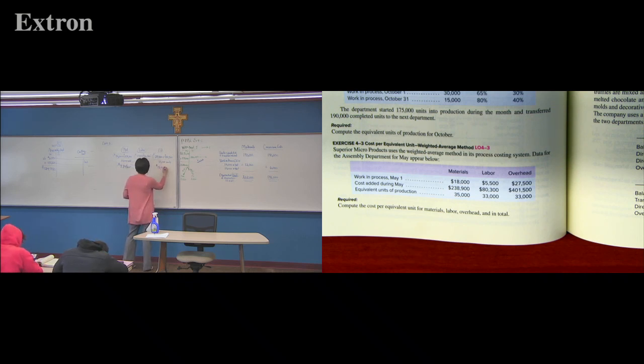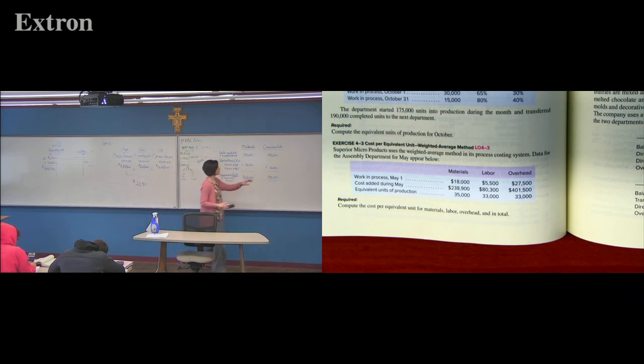So again, our goal is to find out what it costs to make 1 unit. Well, our costs consist of materials plus labor plus overhead. So look, we got to add these. So what is the sum of all 3 of these? $22.94.